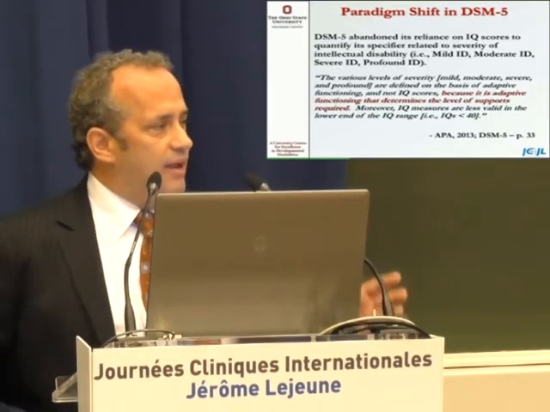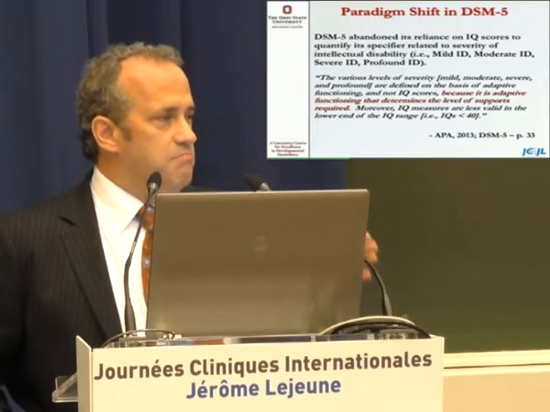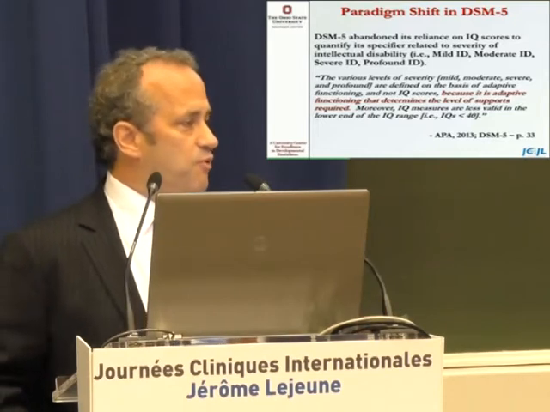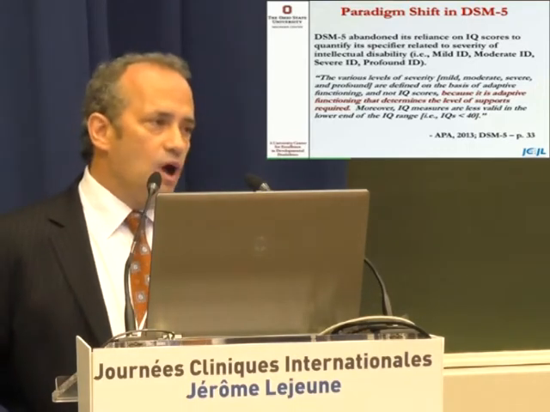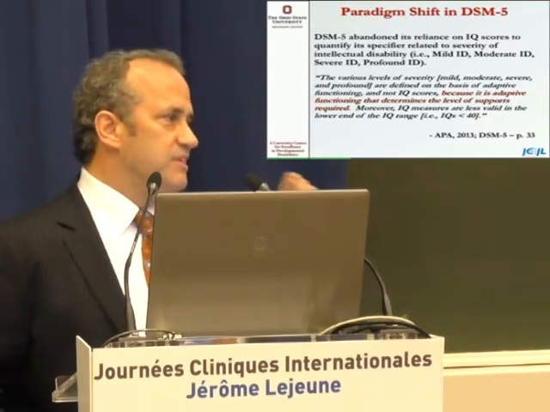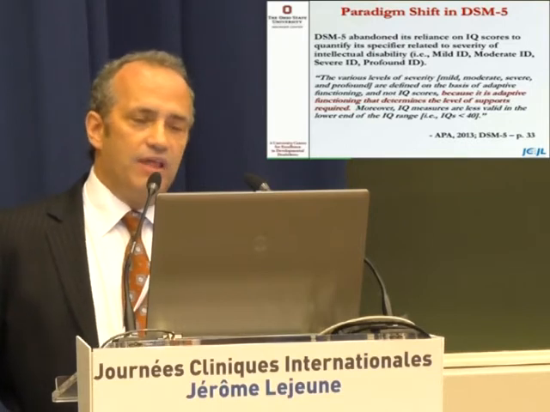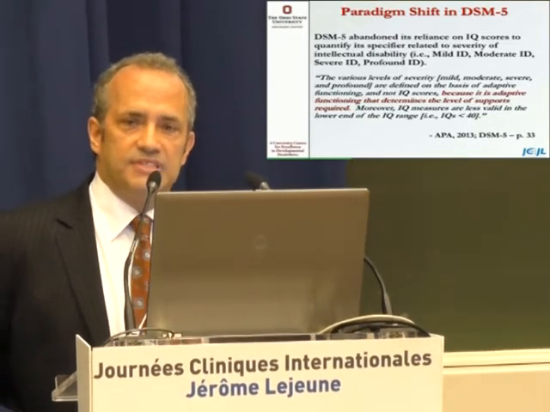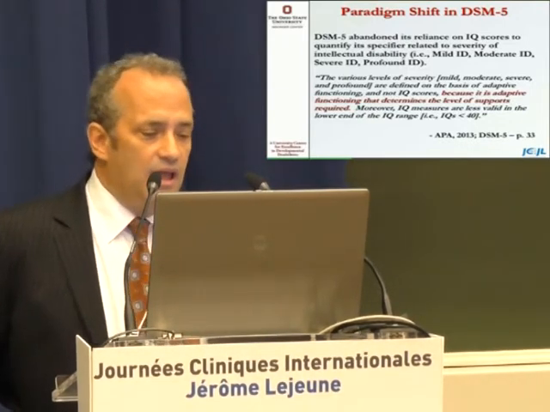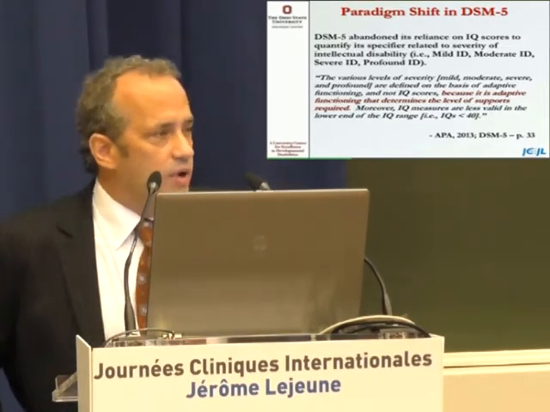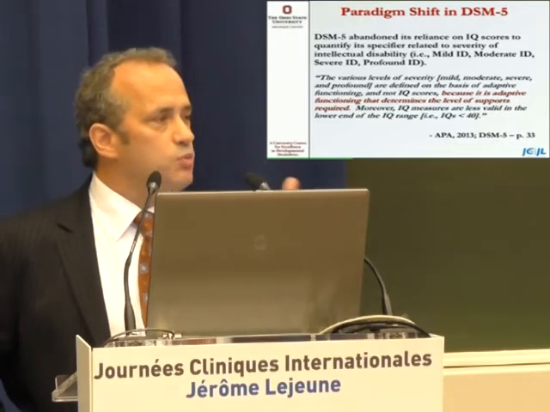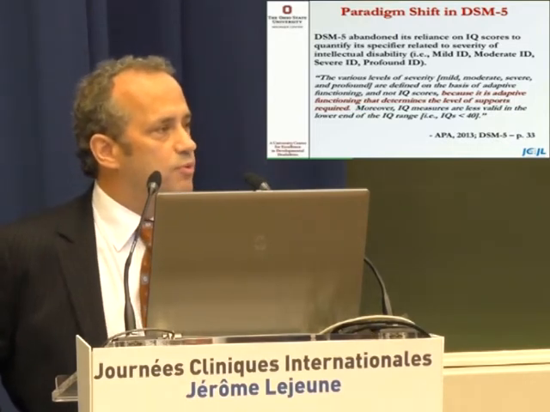They've abandoned mild ID, moderate ID, severe ID, profound ID. Not entirely, they still have it. But it's no longer determined on the person's intellectual functioning, but rather on the assessment of the person's adaptive behavior. And that's because, as the DSM-5 correctly points out, adaptive behavior is really what drives our support needs, not entirely, but largely.